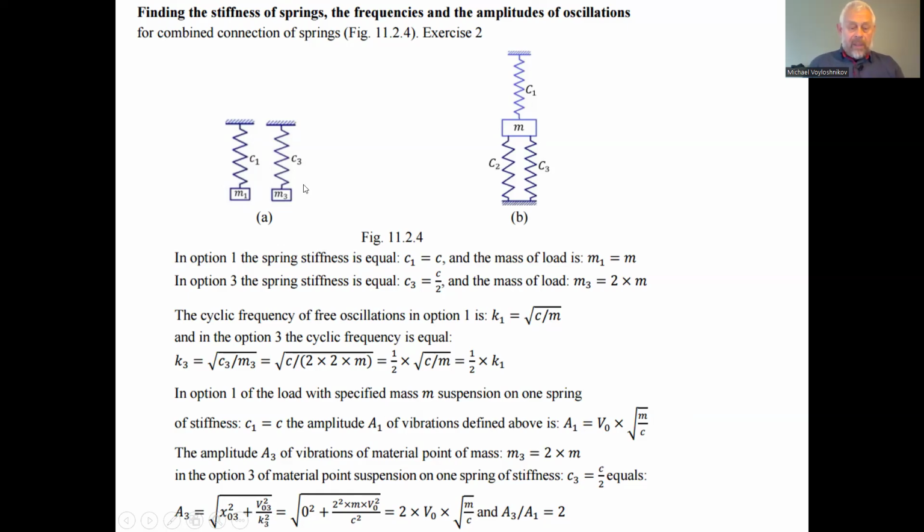And for case 3, the amplitude of the vibration as well, we assume that the initial displacement of the load in all cases is equal to 0. So by the determination using the Pythagorean theorem, the second term depends on the initial velocity.